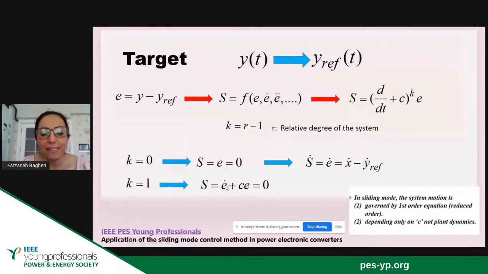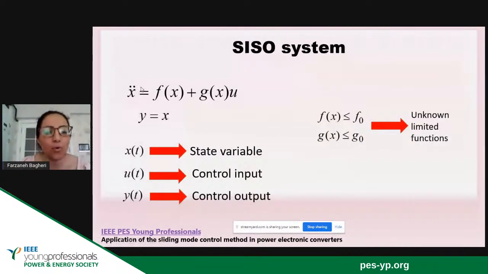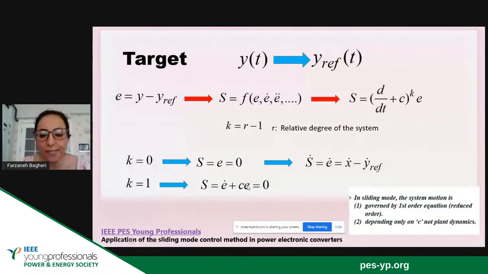So if you look at this equation, you can see that we have changed the order of the system from a second order to a first order system. So we have reduced the order of the system. It means that we have simplified the system. This is one of the most important characteristics of the sliding function, that we are simplifying the system.